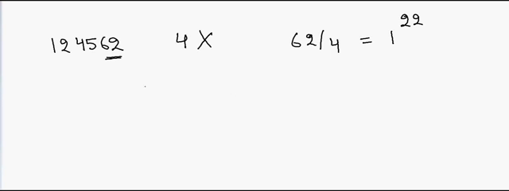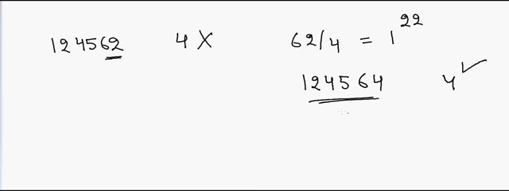So how can I modify this number? If I change the end to make it 1, 2, 4, 5, 6, 4, then this number should be evenly divisible by 4. And I can modify this number in any way.